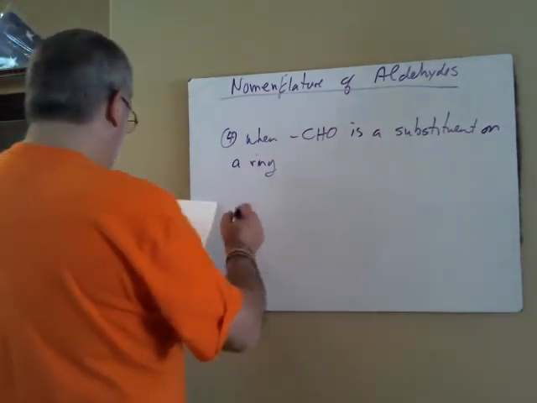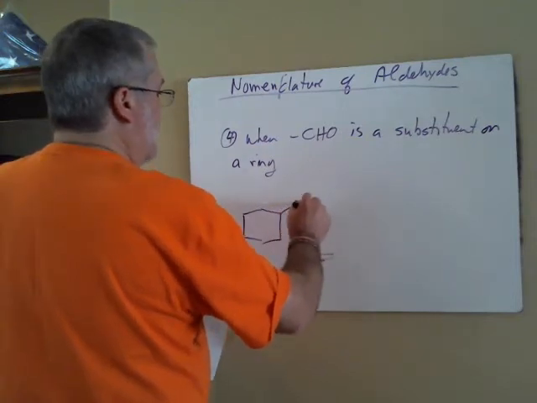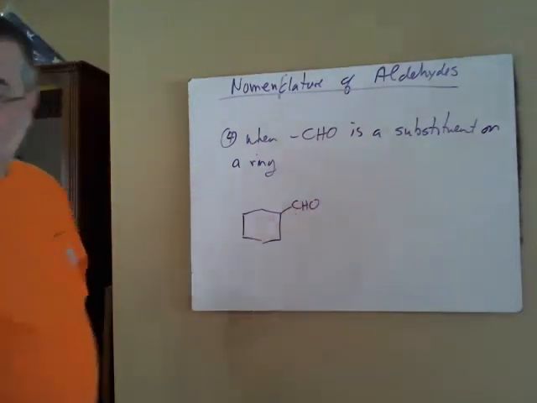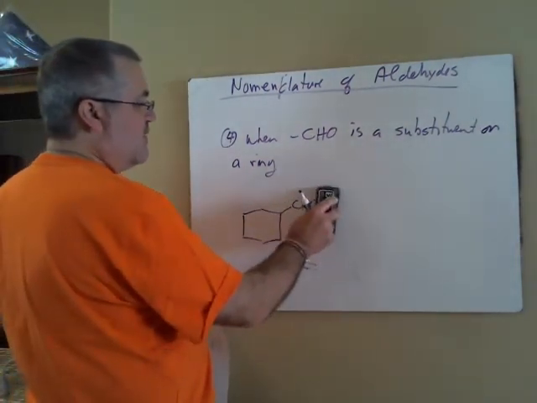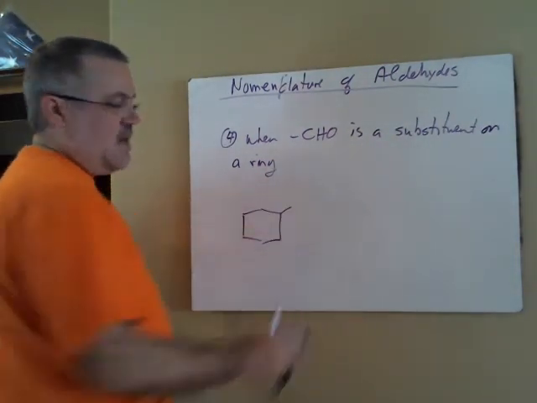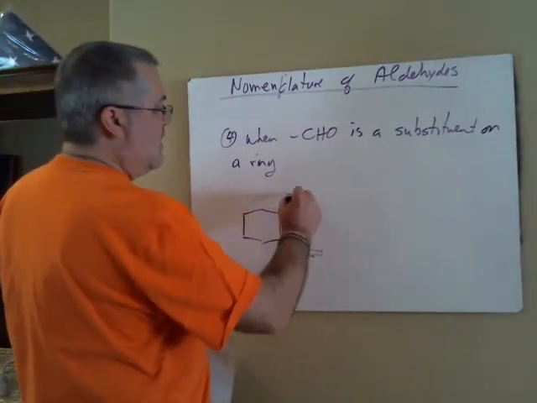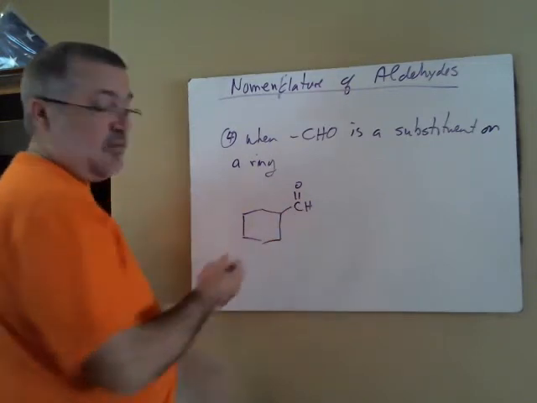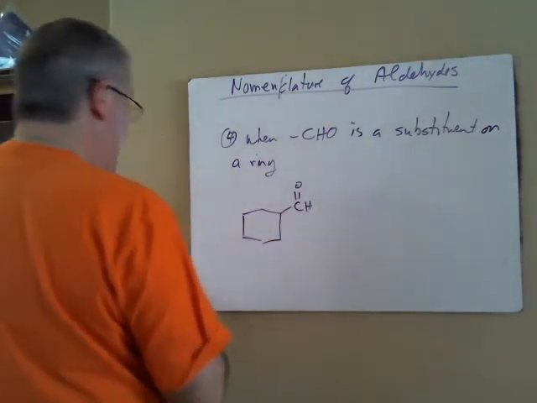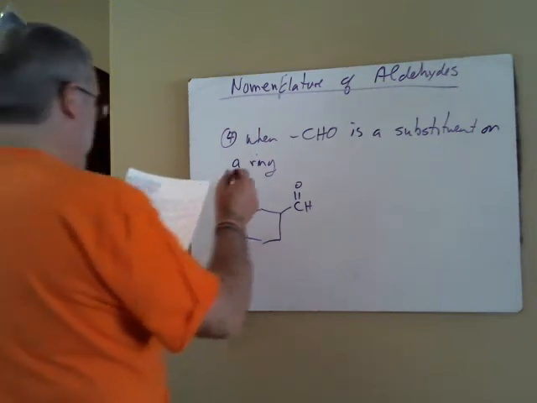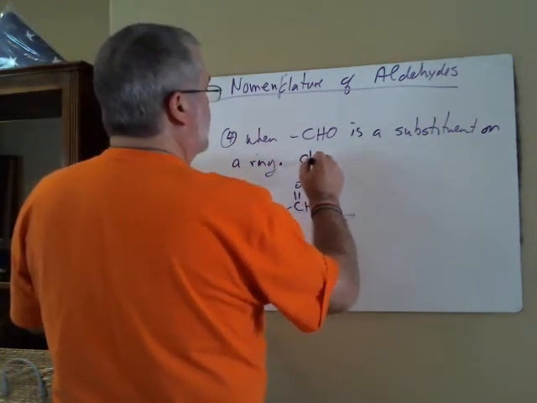And so an example of that is what if you have this cyclohexane with an aldehyde attached. Now notice I'm making sure that you understand that CHO is an abbreviation for aldehyde. So what if I had this aldehyde? To name this, you change the suffix.